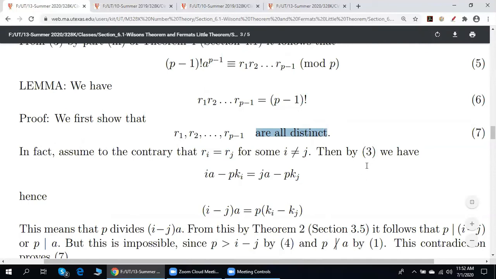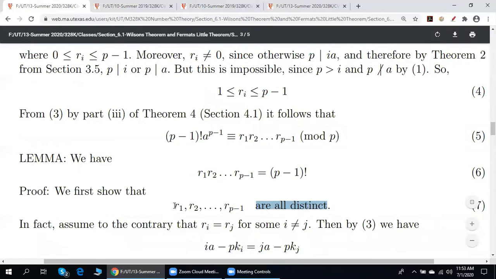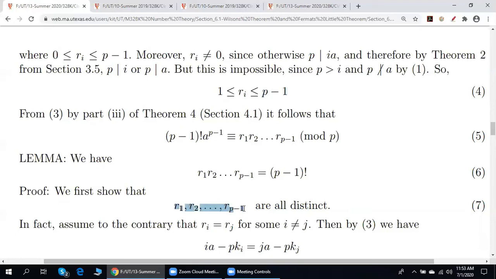Here's what we do next. Note that any of these numbers is between 1 and P minus 1. These are distinct integers, and there are exactly P minus 1 integers here. So we have P minus 1 distinct integers that are between 1 and P minus 1.